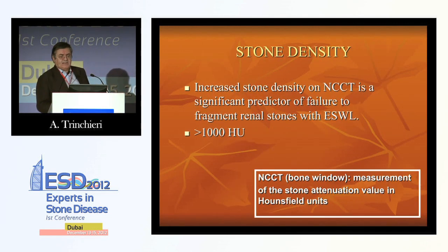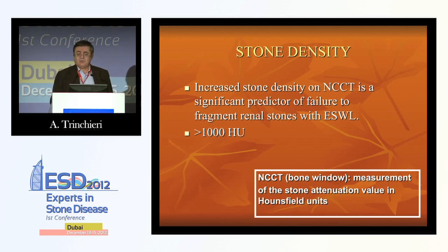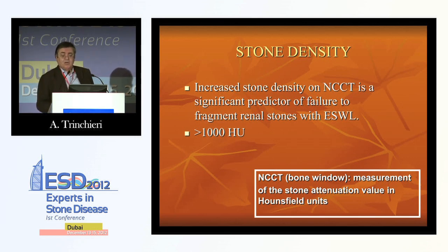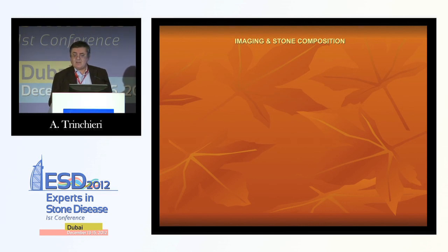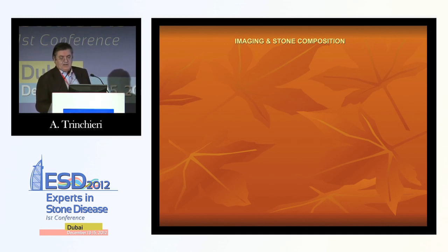Another point is that stone density can also be a predictor of the success of the treatment, and computed tomography can give you information about stone composition. You can see that opacified stones have the higher stone density at computed tomography, and that we have middle values for struvite or cystine stones and lower values for uric acid stones.